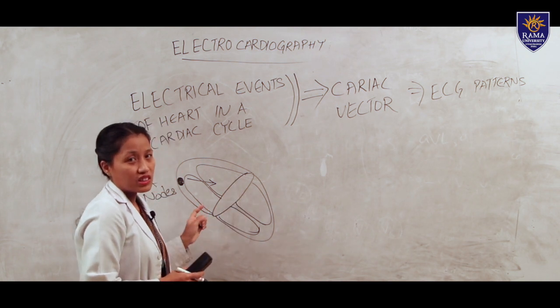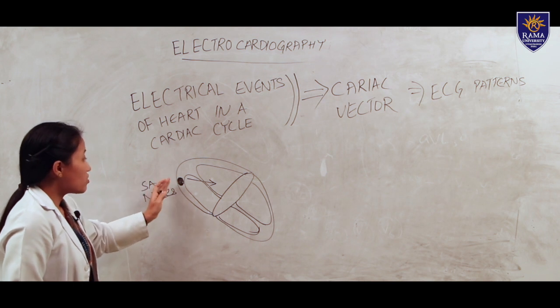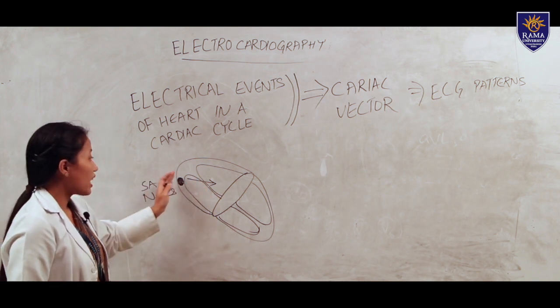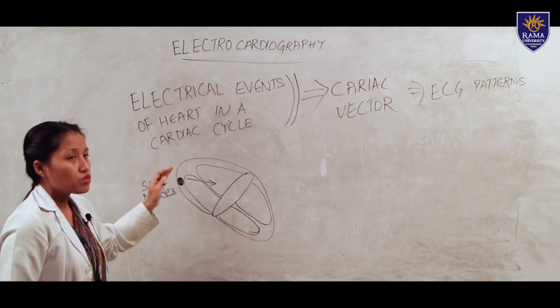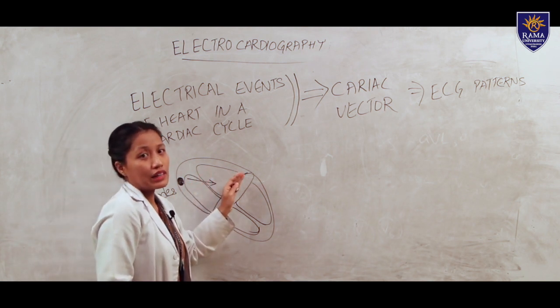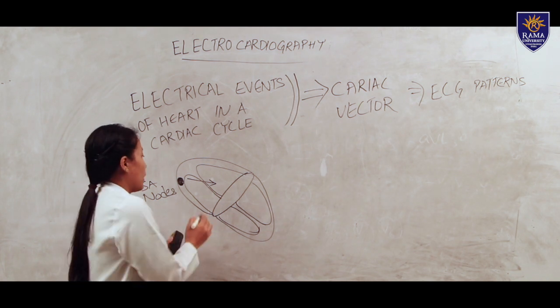Atrial depolarization is the first electrical event of the heart. So the SA node generates the depolarization, and that is known as atrial depolarization. Atrial depolarization produces a small vector moving in downward and leftward directions with moderate velocity.